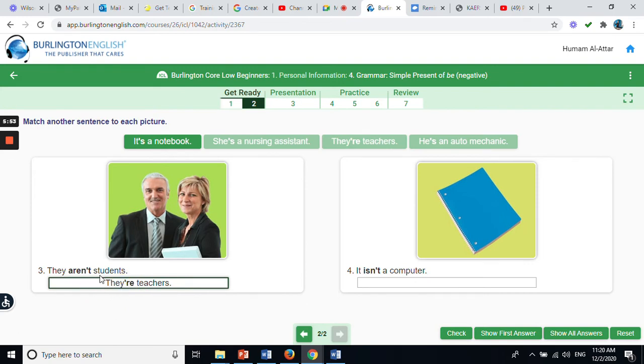Now, can you tell me which sentence is the negative and which sentence is the positive? Very good. So here, because we have aren't, okay, that's negative. And here, we don't have the not in the sentence. That means this sentence is positive. Very good. Thank you.